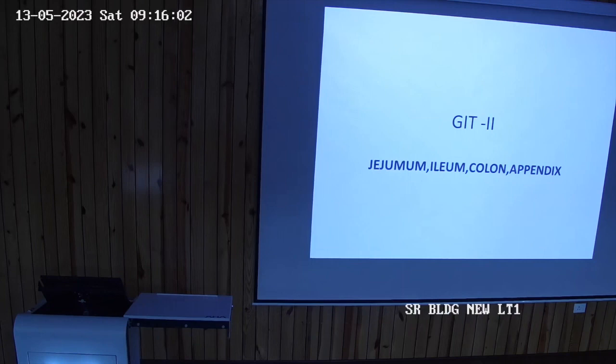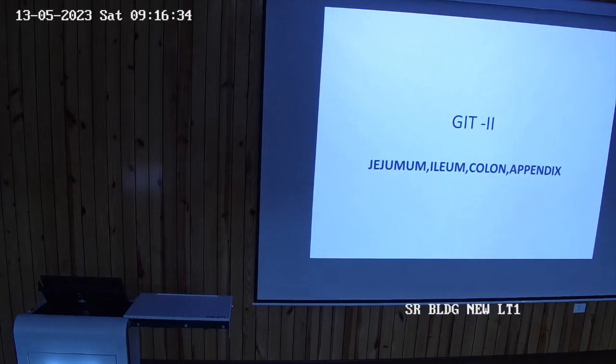All right. When we see under the microscope, I will use the word villi, a large number of villi. Singular is villus. Villi are finger-like projections. The mucosa of the GIT is folded and shows projections, which may be leaf-like, finger-like, or tongue-like. All these projections are called villi.